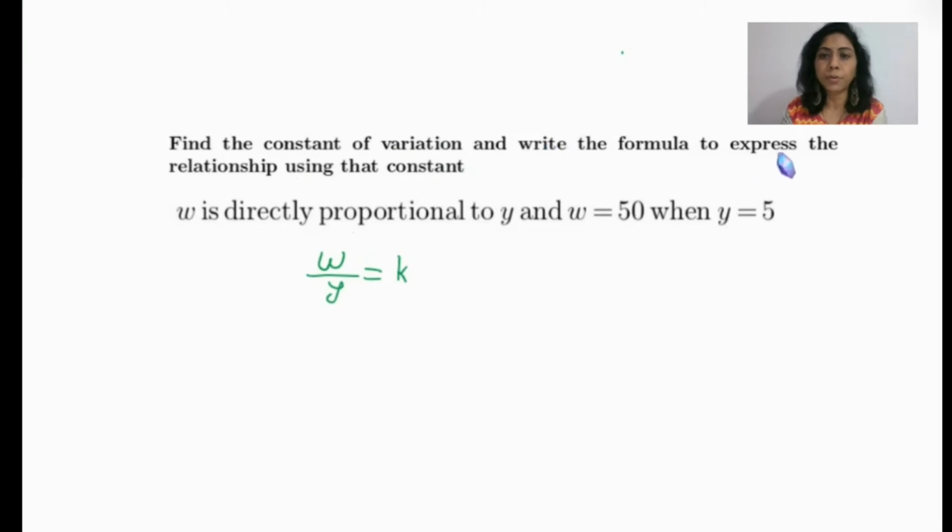Here the given values are W is 50 and Y is 5. So we can easily find the K value. K value is 10. Okay, so this is our answer. K equals 10.